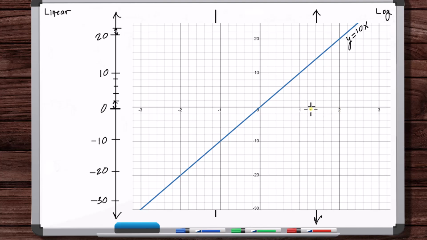I've gone 1/5 of the common difference, right? Going from major tick mark to major tick mark, that's a common difference of 10. I've gone 1/5 of that distance. So that means I've changed by 2. If I went forward, I went up 2. If I went back to the left, I went down 2.